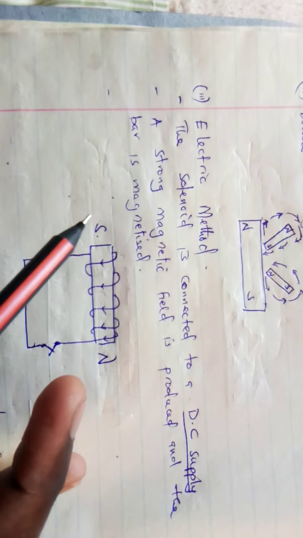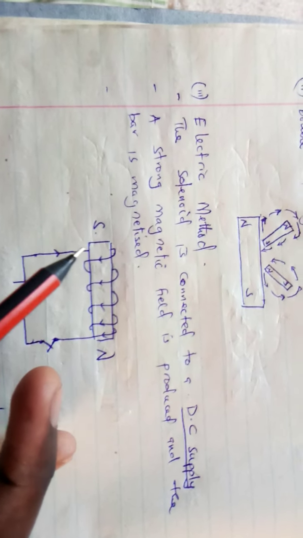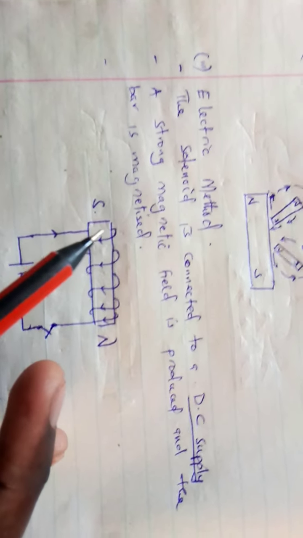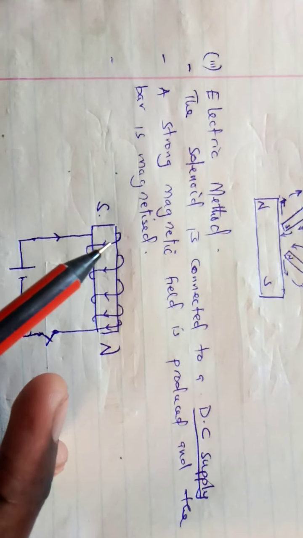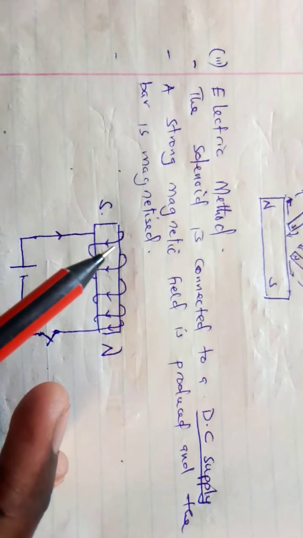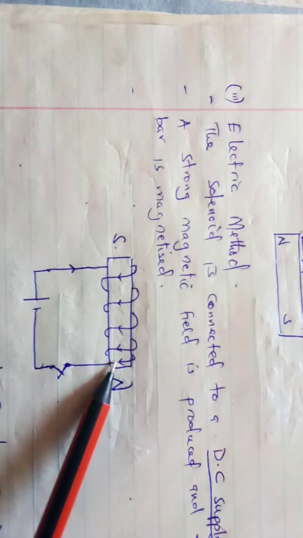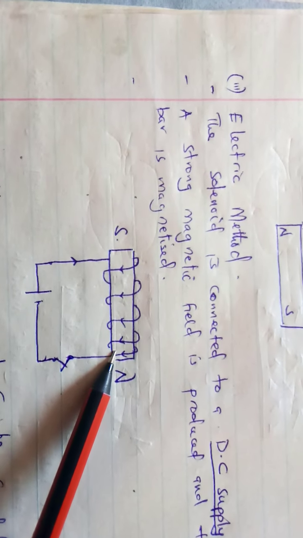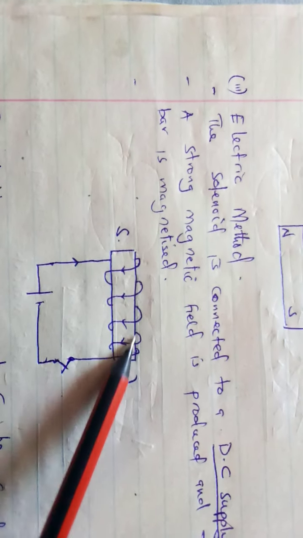Then we have another method, called the electric method. Now, if you are magnetizing a magnet using the electric method, you use a DC supply. Now, this is a bar that you want to magnetize, so you put it in a solenoid.